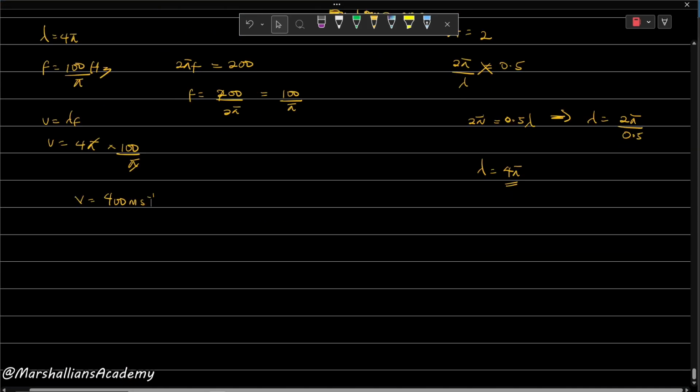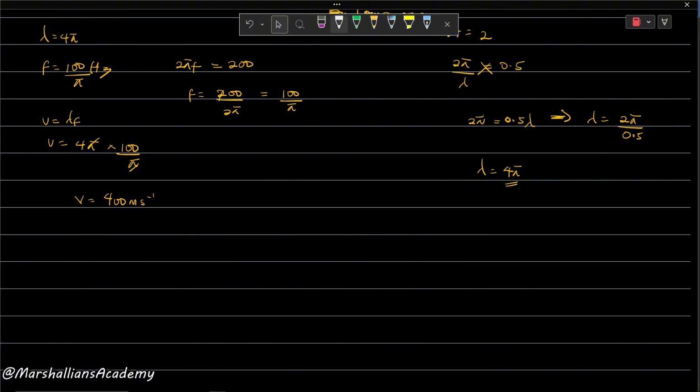So we have to convert this meter per second back into centimeter. To convert meter to centimeter, multiply by 100, and I'm going to be having 400 times 100 centimeter per second, which is 4 times 10 raised to the power 4 centimeter per second.